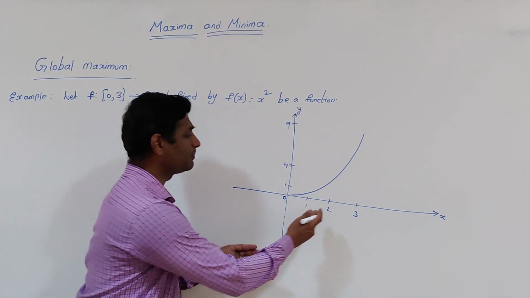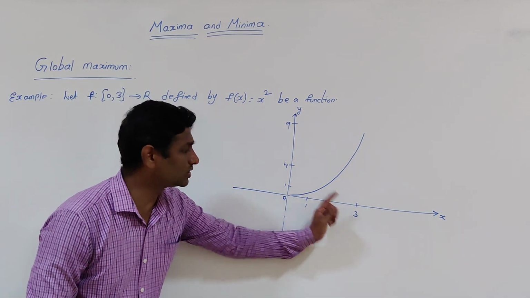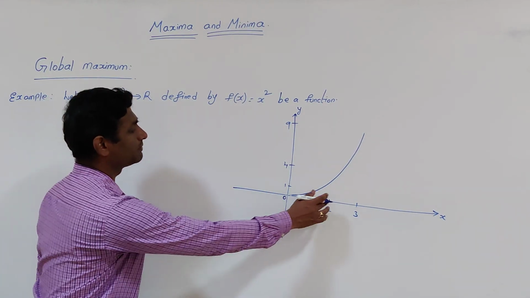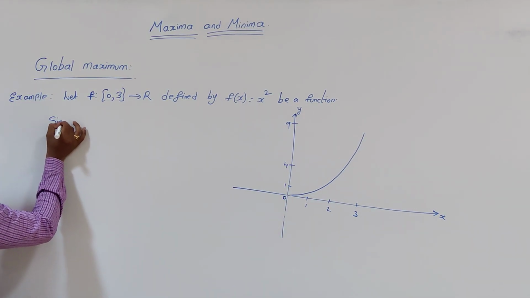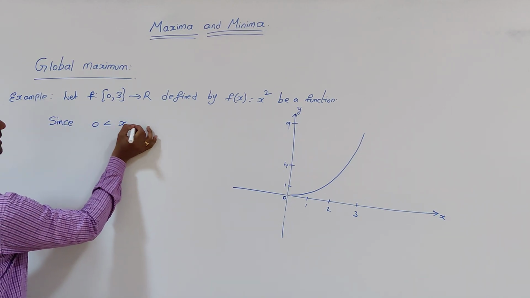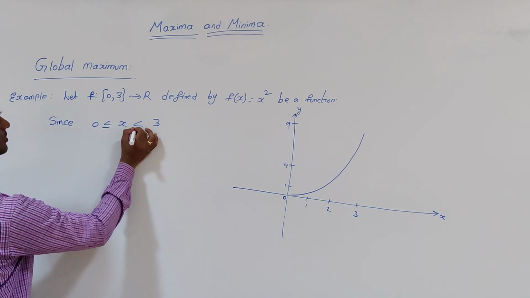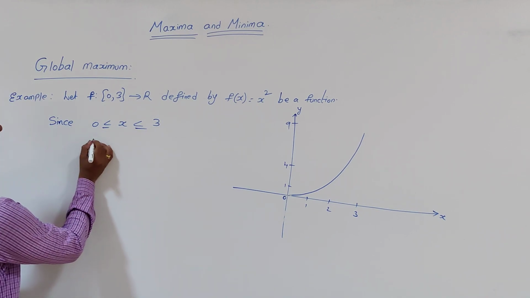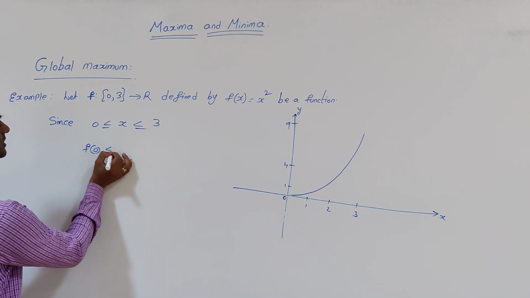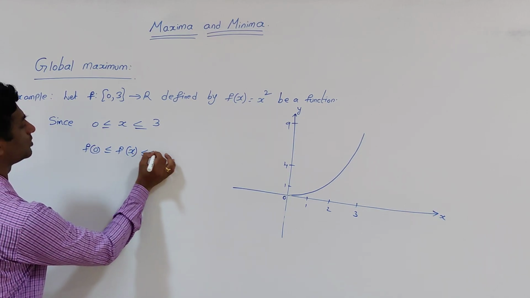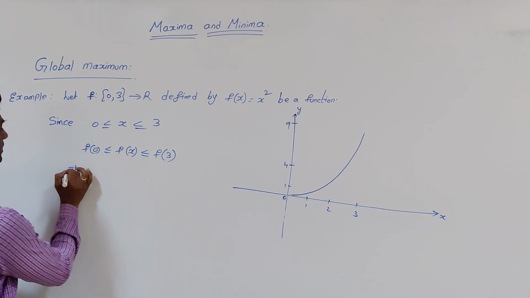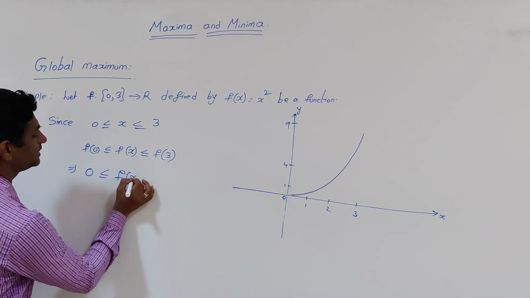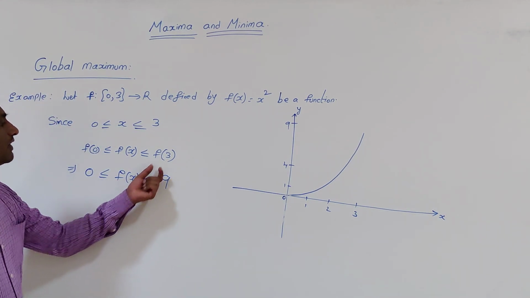Now choose any point between 0 and 3, as 3 is also a member of the interval. For all such x, 0 is less than or equal to x, which is less than or equal to 3. Then what about their outputs? f of 0 is less than or equal to f of x, which is less than or equal to f of 3. That is, f of 0 is 0 squared, so 0 is less than or equal to f of x, which is less than or equal to 9, as f of 3 is 9.